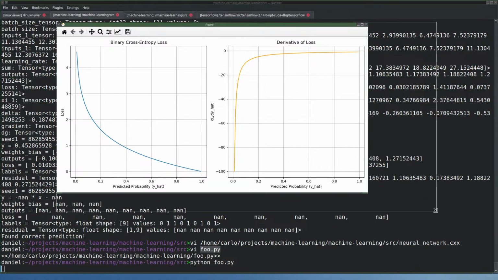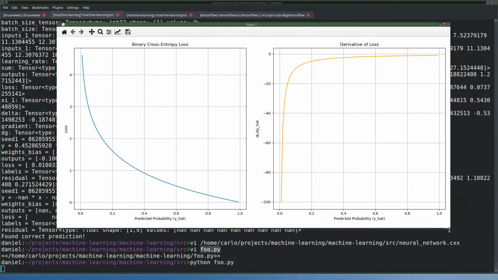It's not in one graph, damn it. Yeah, okay.